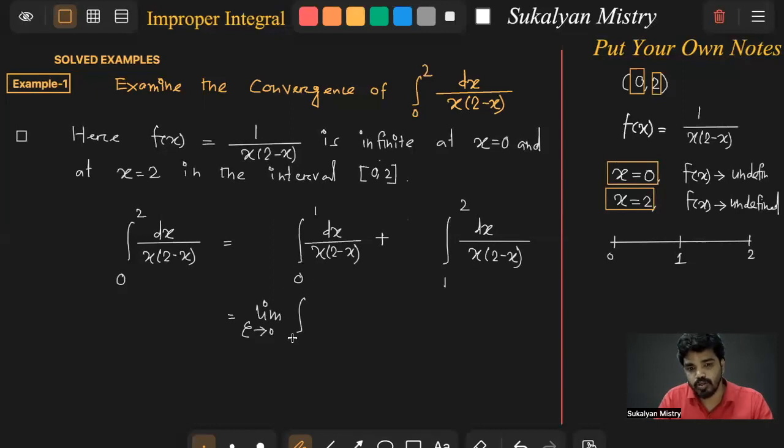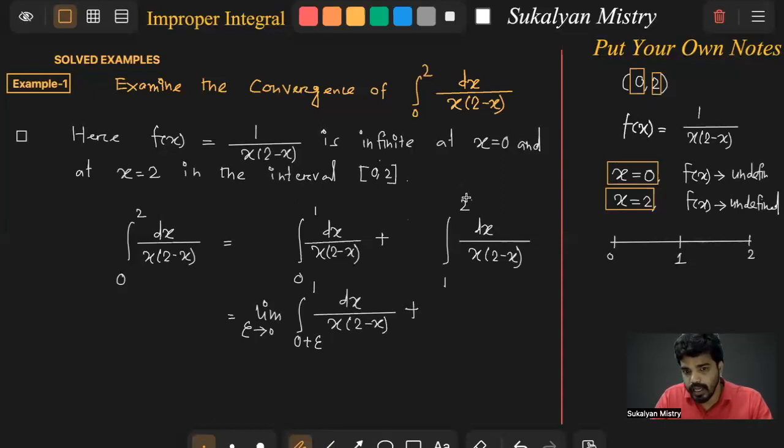What is a? a is 0, so 0 plus epsilon, right, to 1, take dx divided by x into 2 minus x.